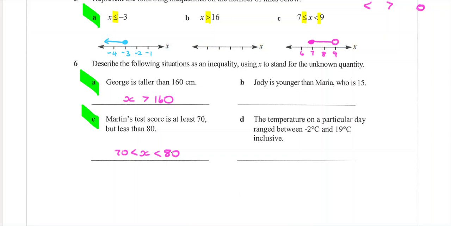Are there any equal to signs on there? If it says at least 70, could he have 70? Yes. So at least 70 means it could be equal to 70. But when it says less than 80, can it include the 80? No, because it has to be less than it. So it's carefully interpreting the words.